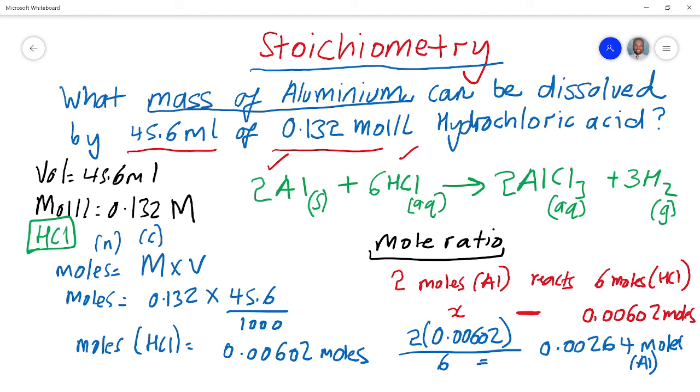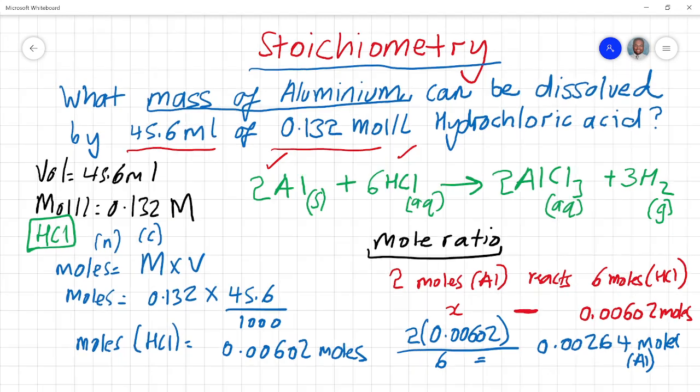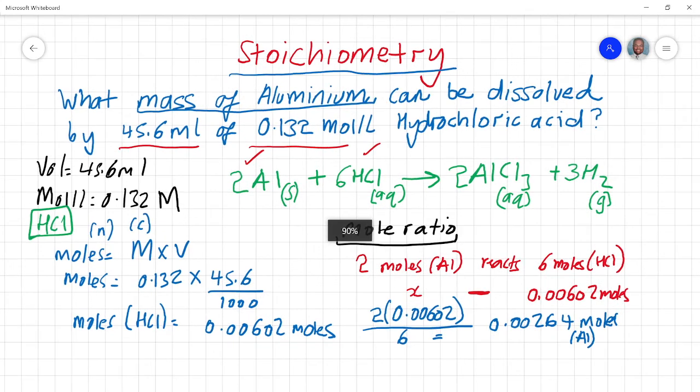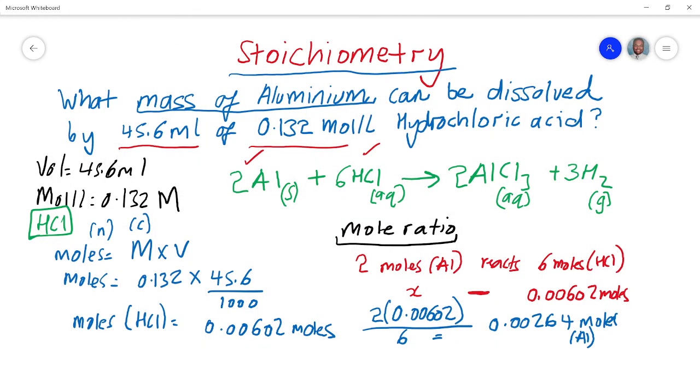Let me zoom in a little so you can see what we do from there. Therefore my mass of aluminium is my moles multiplied by my relative atomic mass. I'll put a line there to show you the next step.